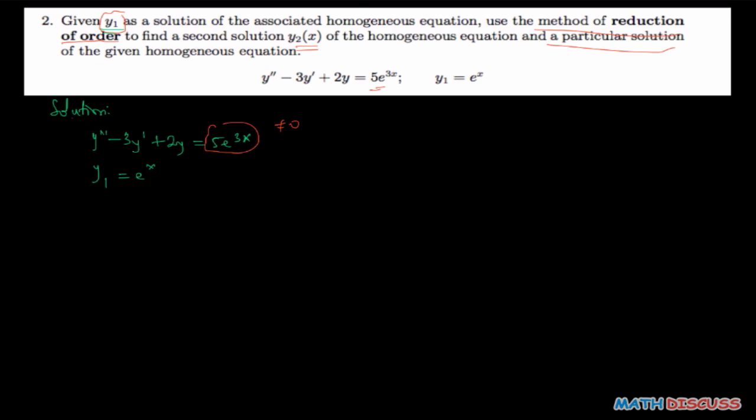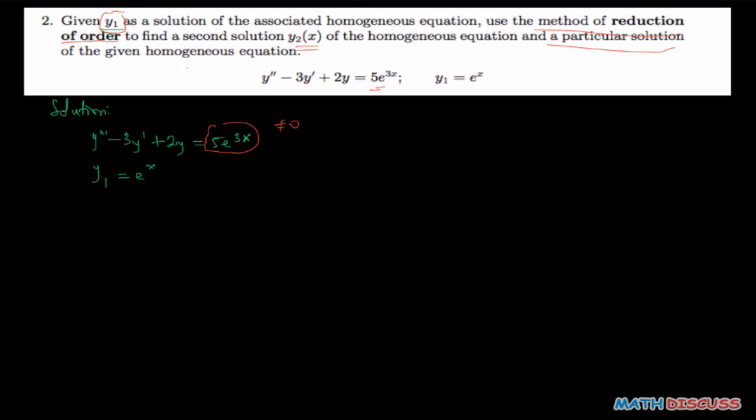So this is a non-homogeneous differential equation. So in trying to find y2, we will not set this to 0, but we're going to solve it like that, like we're solving a non-homogeneous differential equation, and then you're going to see the form of solution we're going to obtain. It is most likely going to contain both the particular solution and a general form of the second solution that complements y1.